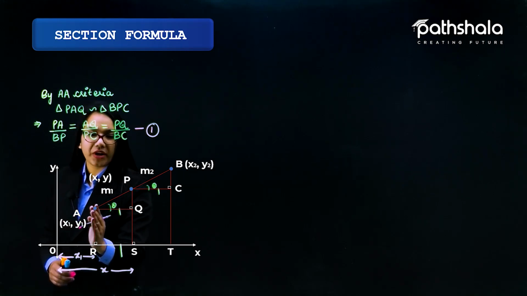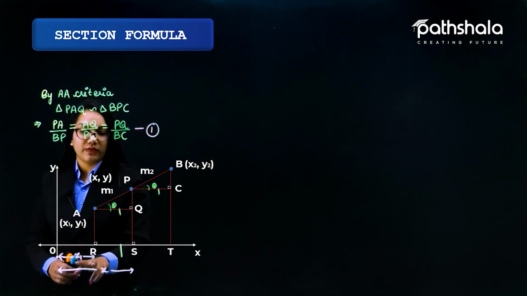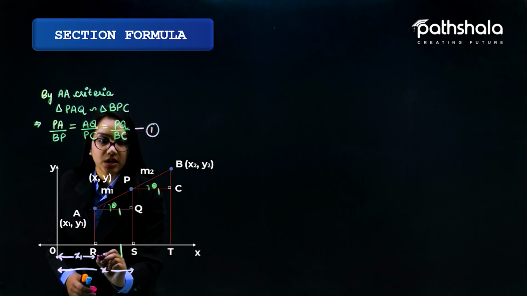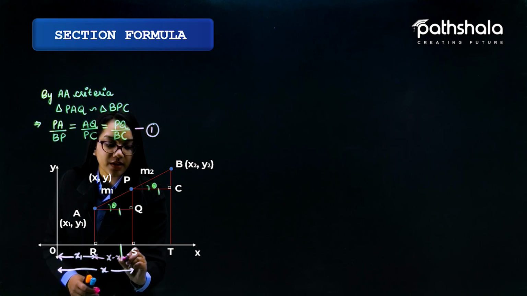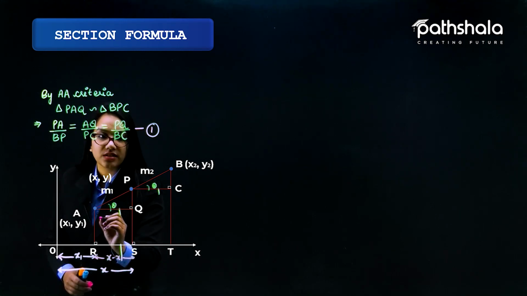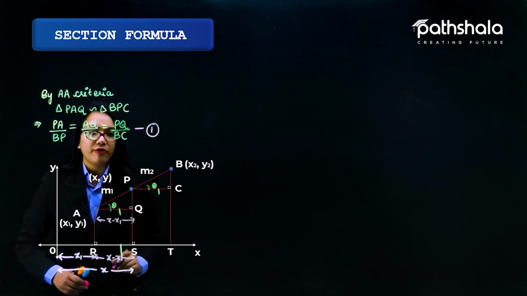The point A's distance from the y-axis is x1. So if this is x1 and this is x, then this distance is actually x minus x1. So this is x minus x1, and this is also x minus x1.